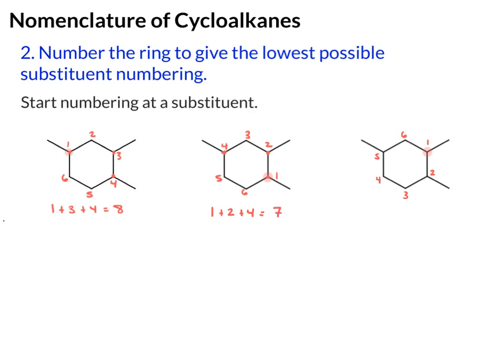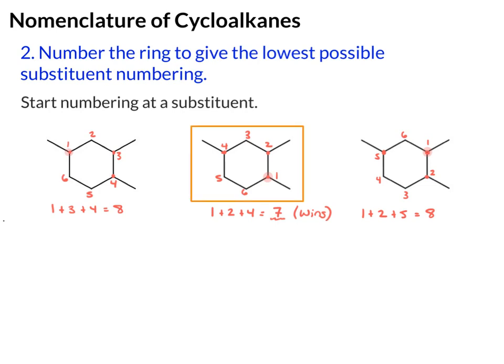All right, and then let's do our third example. We have a substituent at 1, 2, and 5. That gives us 8. So of these, our lowest numbering here is the one at 7. That wins. So that is the numbering scheme that we want to use.